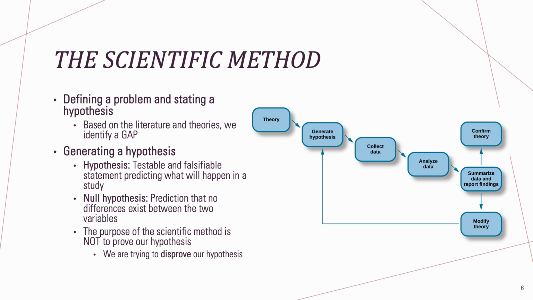And in reading and learning about what's out there in the literature, I will start to identify certain gaps in what we currently know. And these gaps can be either methodological gaps.